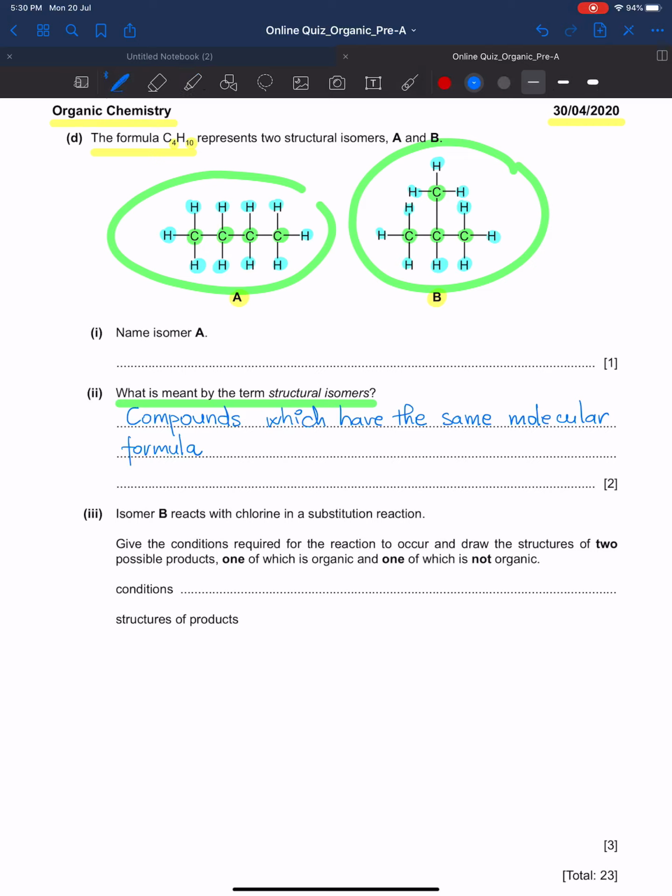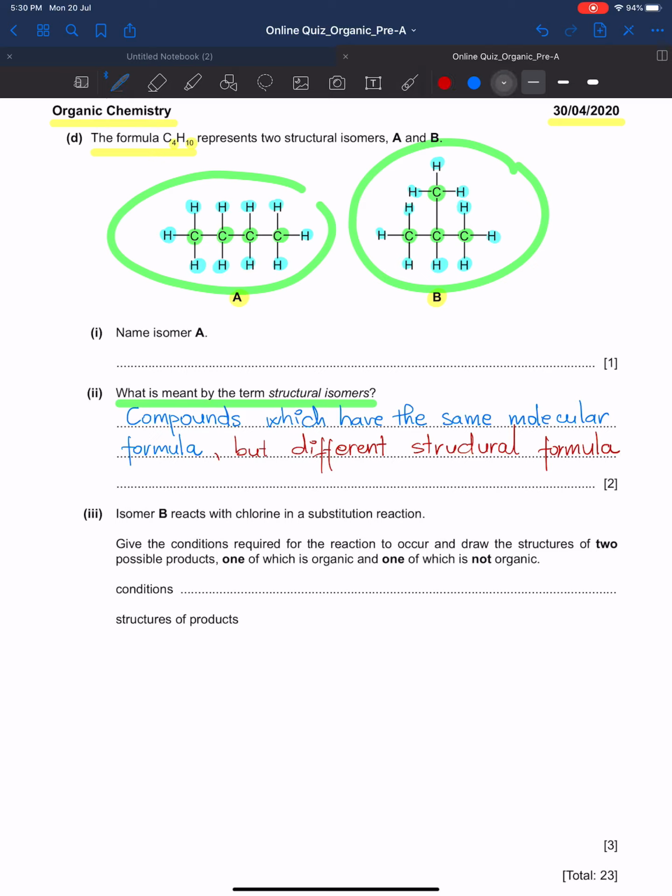So based on that, we can also conclude that A and B, although they have the same molecular formula, actually have a different structure, or a different structural formula.